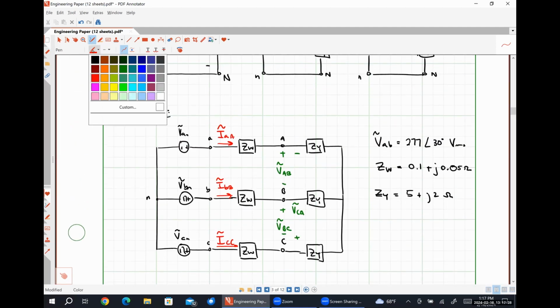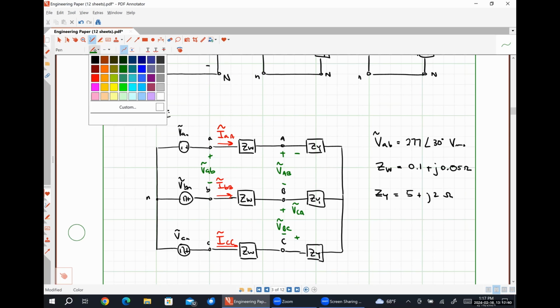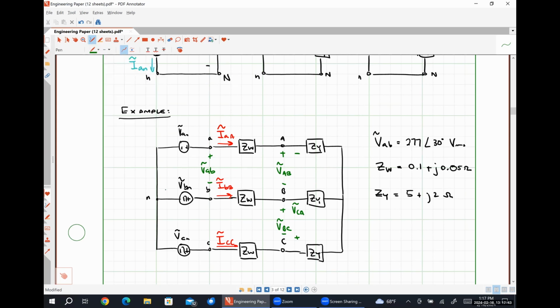Okay, so let's look at things here. The line voltage at our source, at least for the A phase, is here. So I can write a simple Kirchhoff's voltage law equation around this path to relate my phase voltages, at least the A phase and the B phase, to the line voltage VAB.